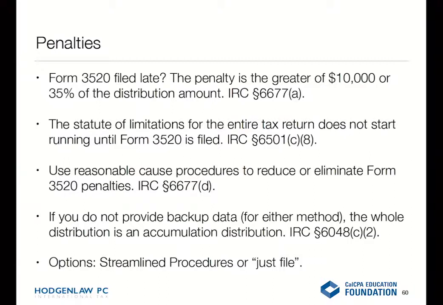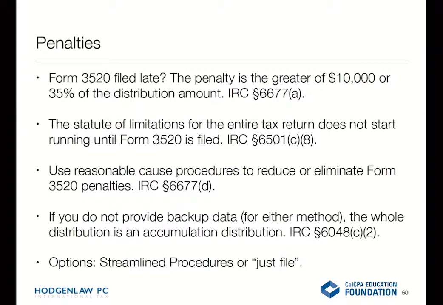If this is the situation, there are some very punitive penalties for Form 3520. When you have a distribution and you're filing Form 3520 late to report that distribution, the penalty is the greater of $10,000 or 35% of the distribution amount. 35% can be a really high number if you're getting a big distribution.